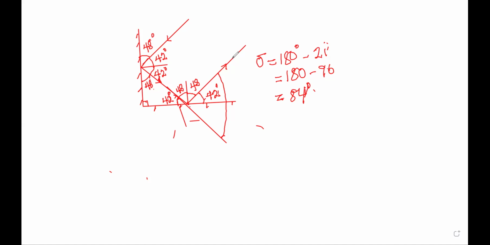So I'm going over. An object is situated 25 centimeter from a concave mirror of radius of curvature 60 centimeter.